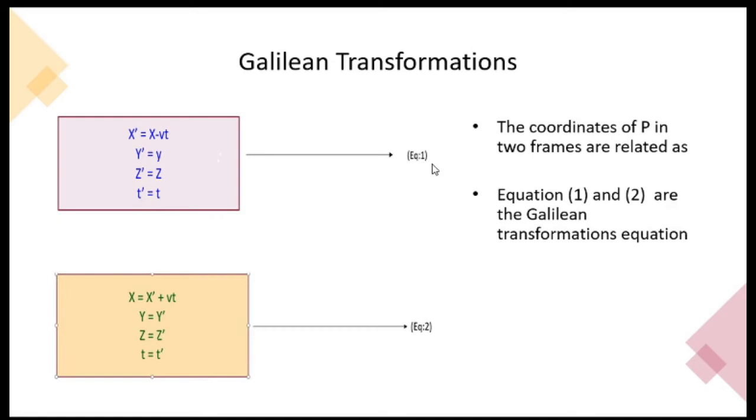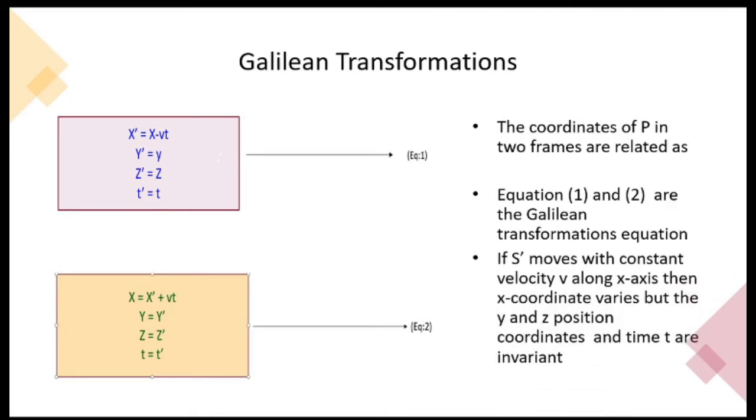Equation 1 and equation 2 both represent the Galilean transformation equations. And what is its significance? It relates the position and time coordinates in one frame of reference with the position and time coordinates in another frame of reference.